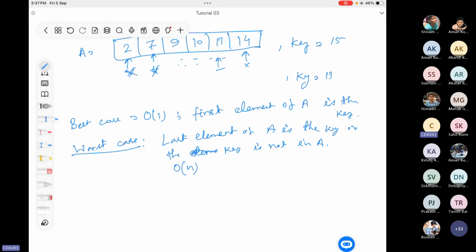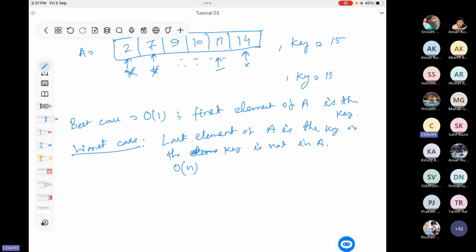So next, in the last class, I discussed some techniques to solve recurrence relations. I think you remember, and I discussed one of them. It is called recursion tree, in the last tutorial.